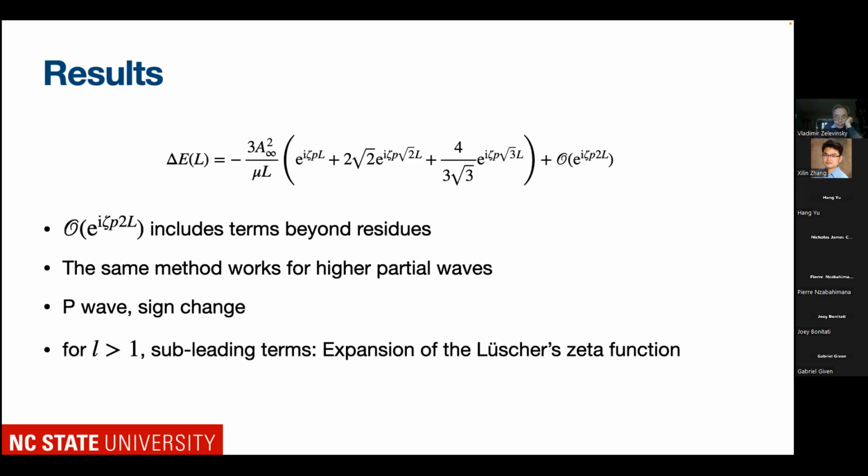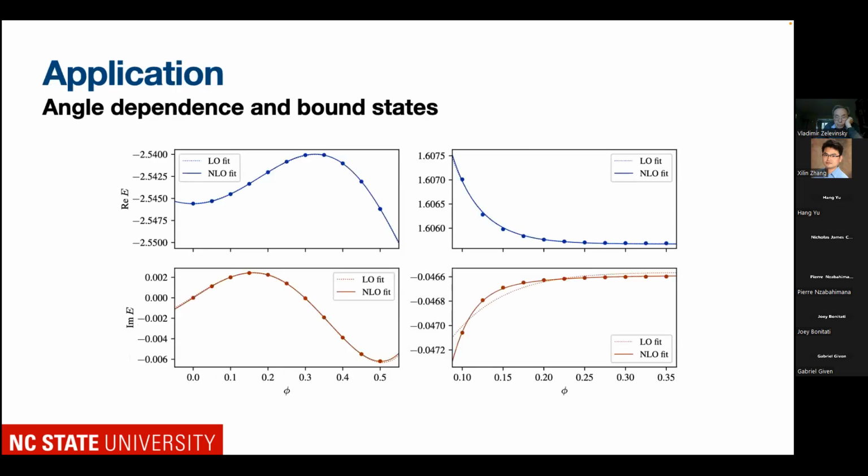These are the terms that need a new parameter. We have seen two terms emerge in this case, and in principle the same method works for higher partial waves. The P wave, for example, will have a sign change from the positives and negatives. For L bigger than 1, the higher partial waves, for the subleading term we think we just need to know how to expand the Lüscher zeta function correctly, which is another mathematical challenge.